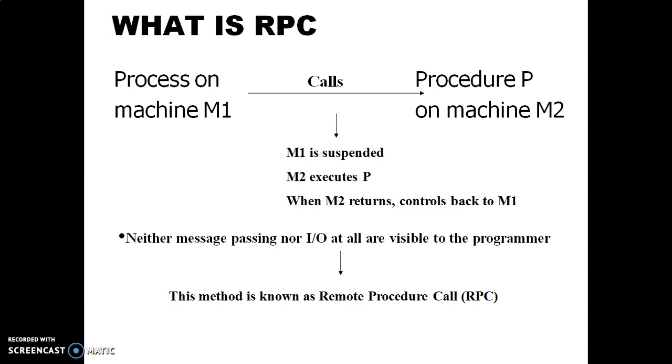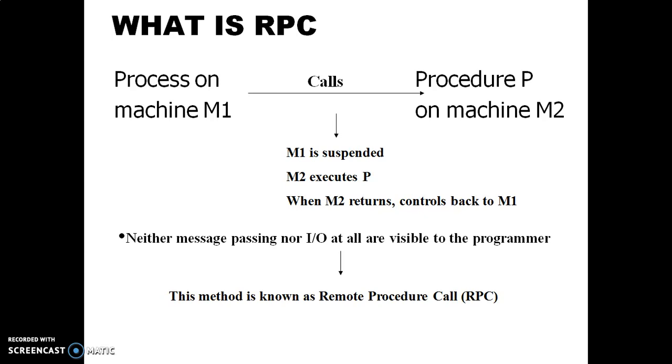M1 is suspended means M1 is placed on hold, and M2 executes the procedure P. When M2 returns the result, or we can say the output of procedure P, the control goes back to M1 and M1 will continue from that particular point.